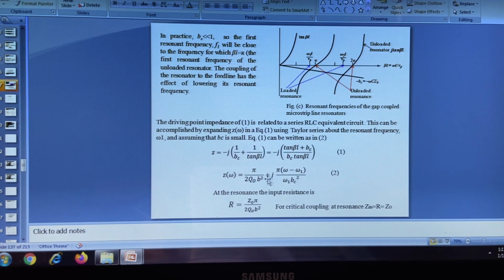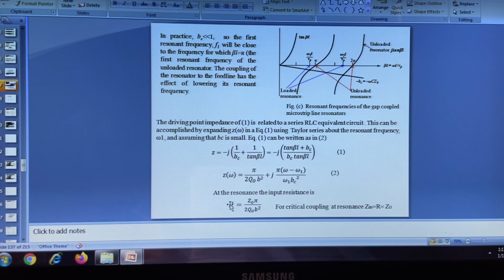From this equation, what we can observe, at a resonant frequency, omega is equal to omega 1, the resistance value is given by this value, that is Z naught R is equal to Z naught pi to Q naught BC square.